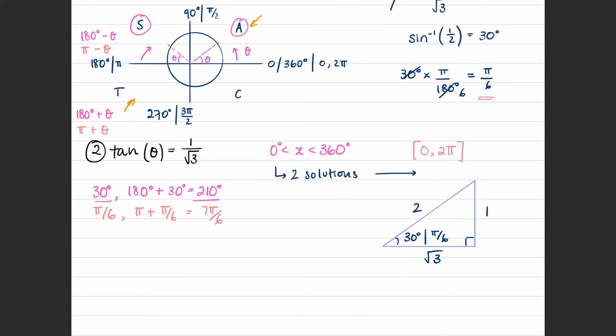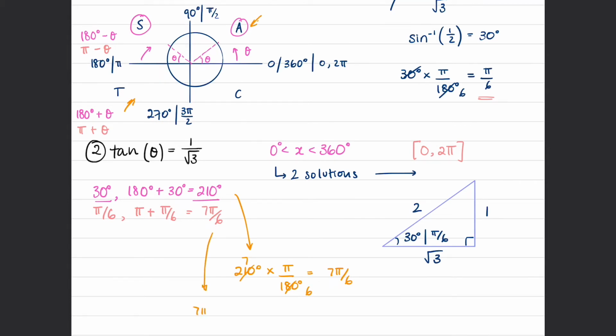Now, just in case you're wondering whether it's necessary to do the pi plus the angle, you could also have converted the degrees into radians. So we could have done 210 degrees times by pi on 180 degrees. Simplifying that, we get 7 on 6, and that'll give me 7 pi on 6. Alternatively, you could have converted the radians to find your degrees as well.